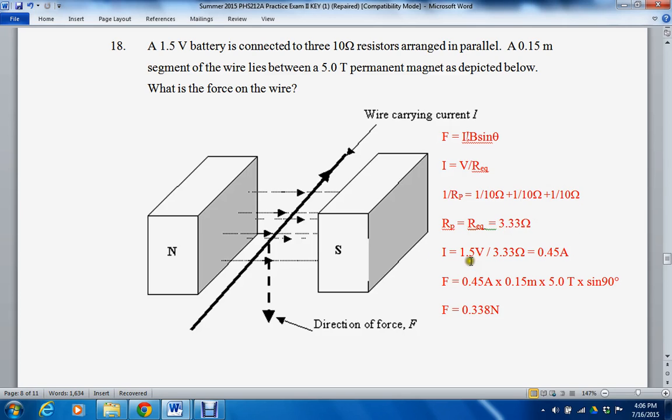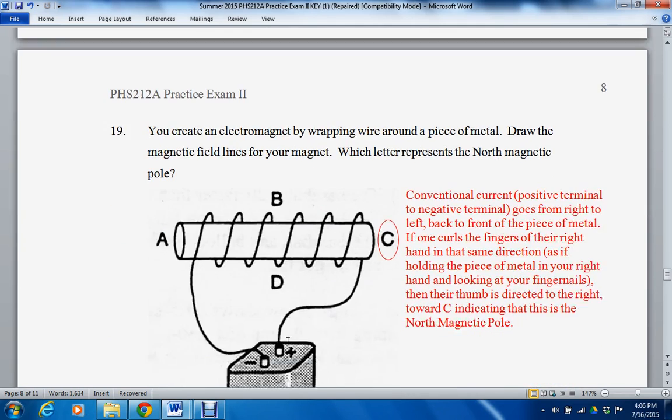The current then is 1.5 volts divided by 3.33 ohms, 0.45 amps. So the force equals I, 0.45 amps, L, the length inside there, 0.15 meters, B, 5 Tesla, sine theta, so force equals 0.338 newtons. Gave us the direction of the force, so we didn't use our right hand rule that time.